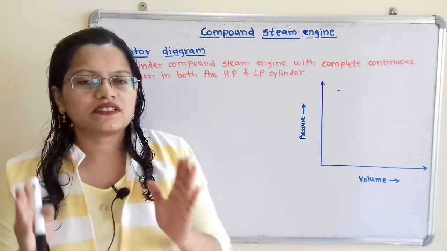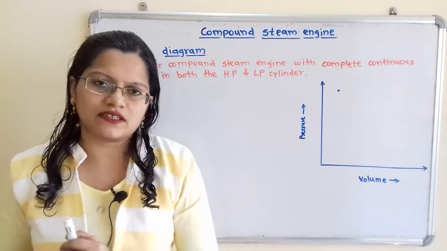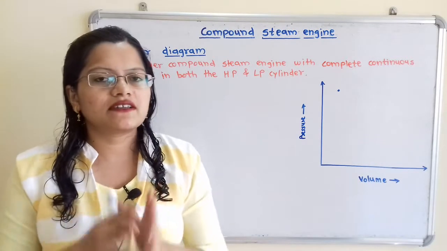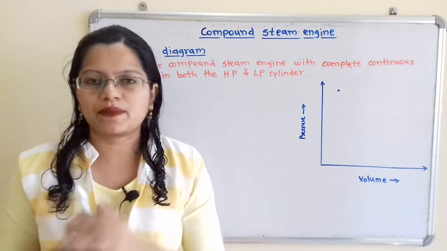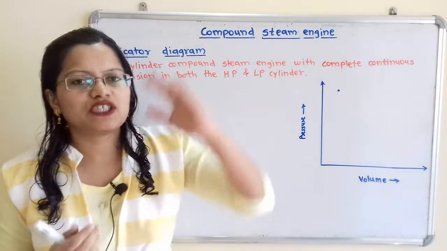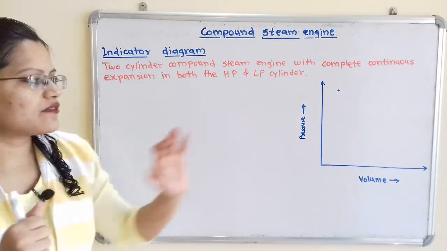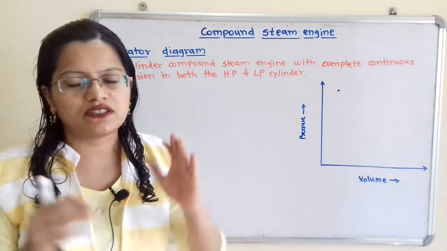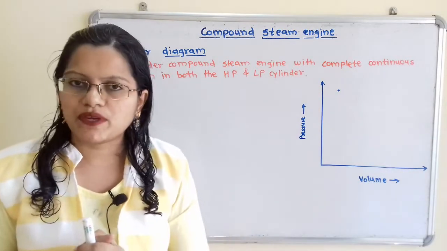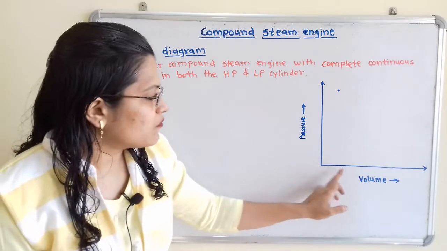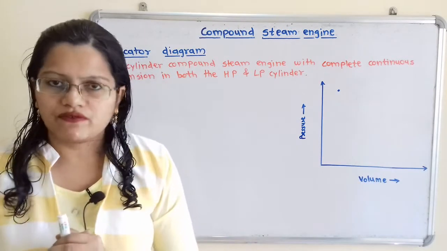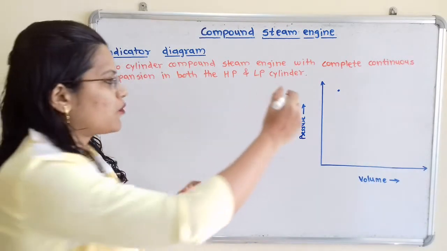So we will first take the high pressure cylinder. We know that this cylinder receives the steam at high pressure. Whenever the pressure is high, that means the volume is minimum. So we have to select one point for high pressure, that is pressure P1, and the minimum volume, that is volume V1. So I will select here point 1.